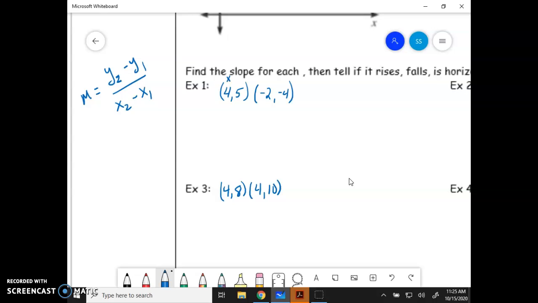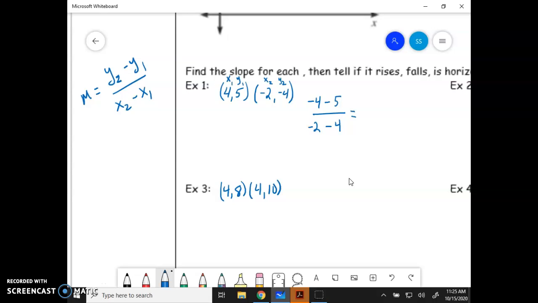An ordered pair is just an x and a y, right? So let's label the first one x1, y1, and the second set of points x2, y2. Now I can just follow the formula. That's y2, which is -4, minus y1, which is 5, over x2, which is -2, minus x1, which is 4.